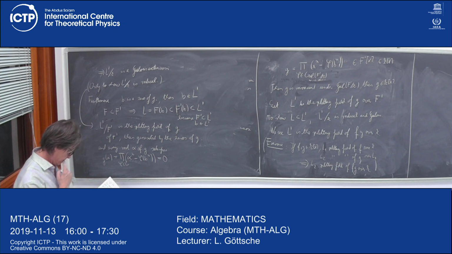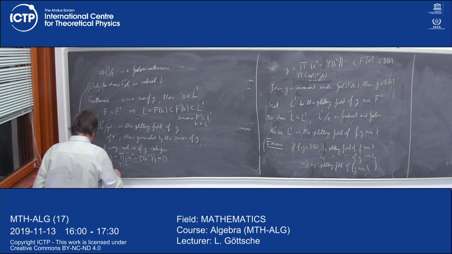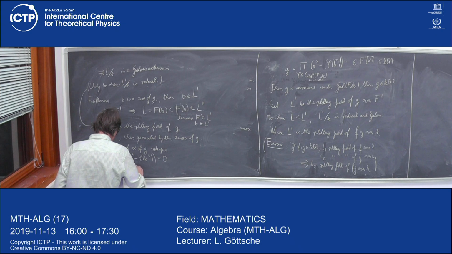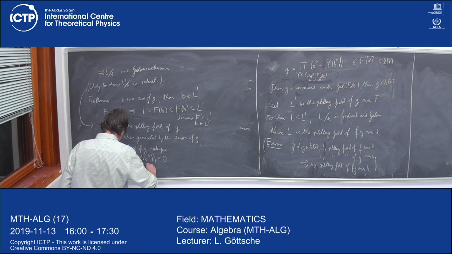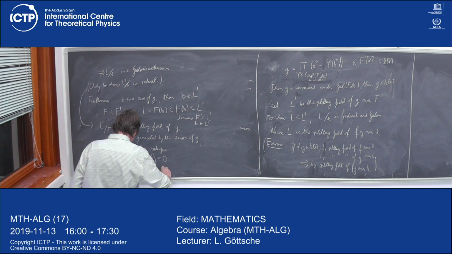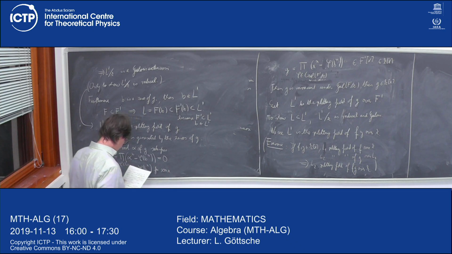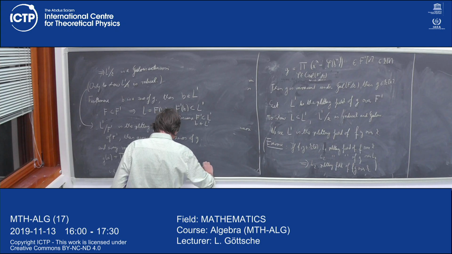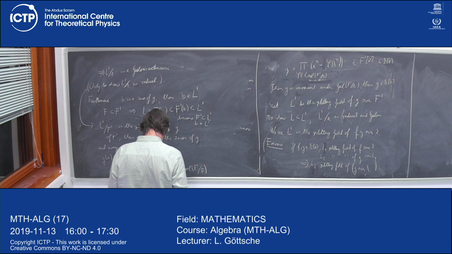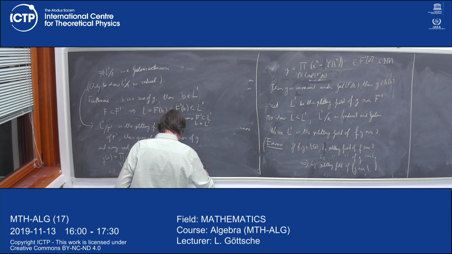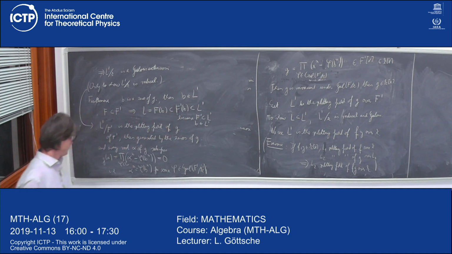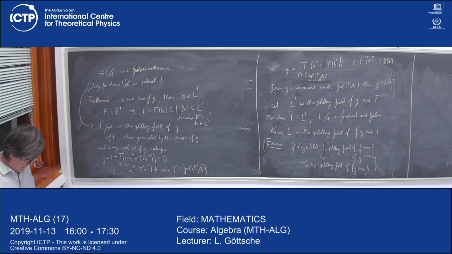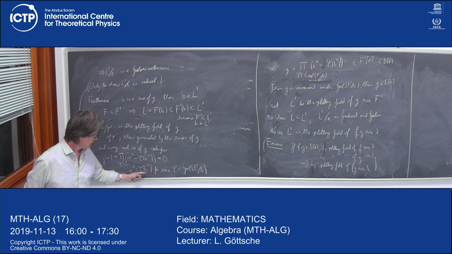So that is alpha to the n is equal to phi of b to the n for some phi in the Galois group of f prime over k. And this phi of b to the n was an element.